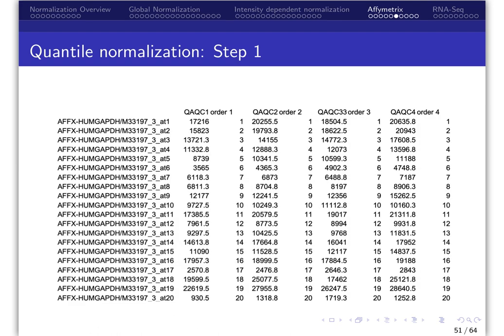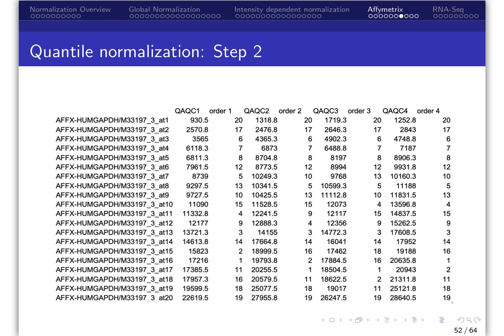Let's look at a very small example to illustrate quantile normalization. We have the X matrix for some probes from an Affymetrix gene chip. In the rows, we have probes. In this example, there are 20, whereas samples are in these columns. We need to keep track of the original order for each column, so those are added here. When performing quantile normalization, we start by sorting each column in X and define the sorted matrix as X sort.